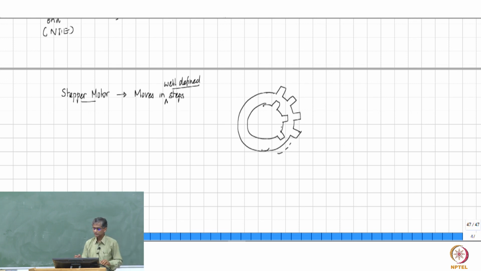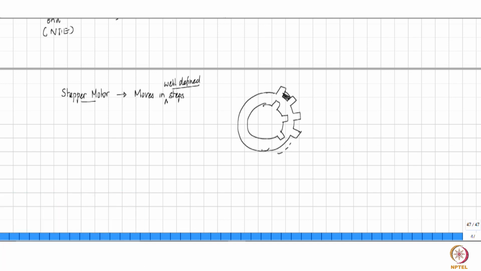So, this means that if you are going to have some coil placed around here and you energize this, then the rotor will move in such a way that some tooth which is most adjacent to it will snap on and align itself with that, right?